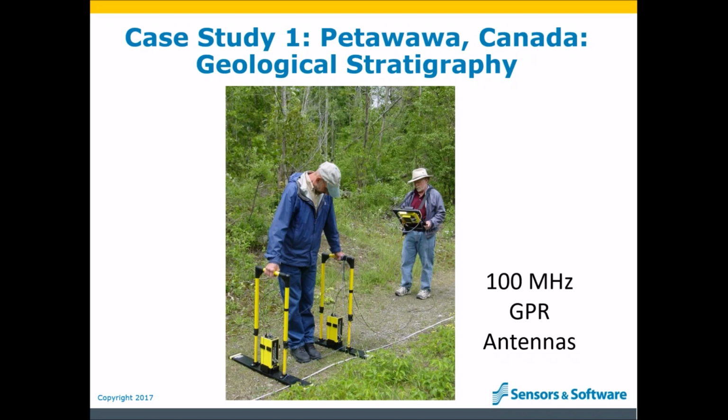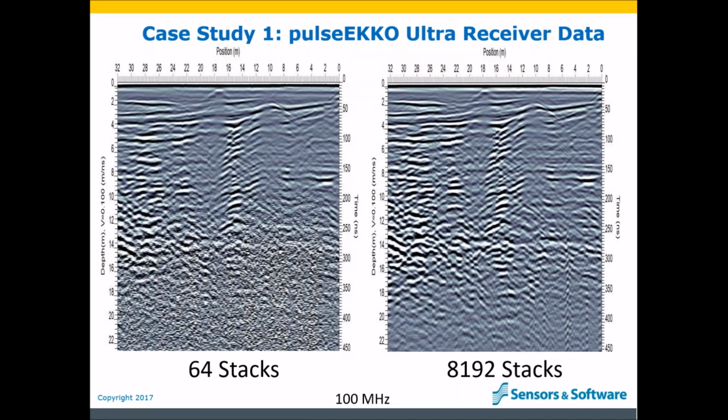As shown here, the 100 megahertz data was collected in bistatic mode, stepping GPR antennas across the ground. On the left is a GPR line collected at 64 stacks. On the right is the same line collected in the same amount of time at 8,192 stacks.